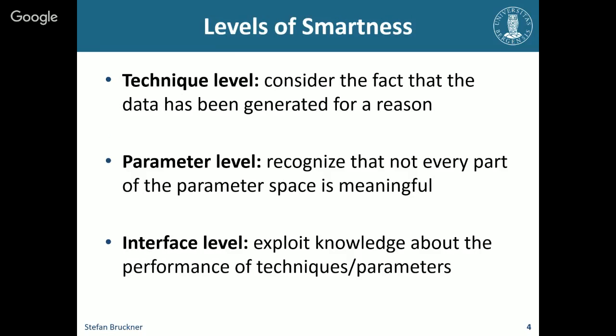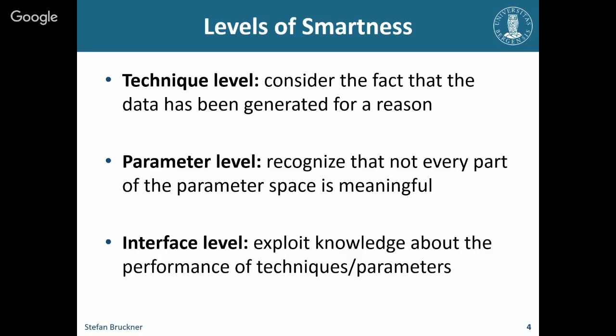To split it up into a bit more detail, we can think about different levels of smartness in this context. Of course, these levels are not necessarily discrete, but much more of a continuum. Still, there are a couple of stages in this continuum that are probably useful to think about in more concrete terms. On the one hand, there is the technique level.